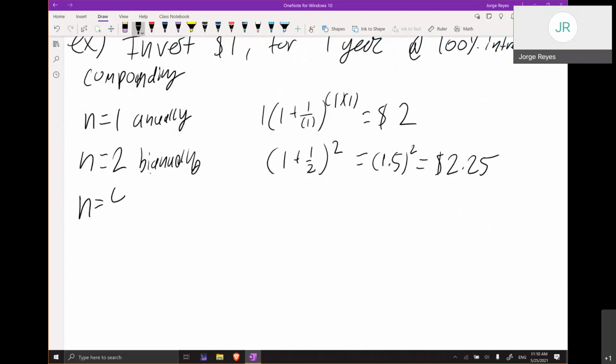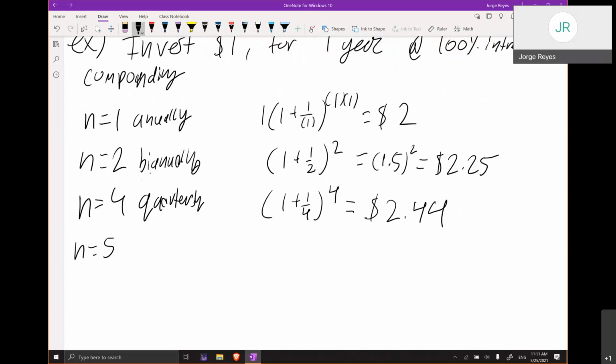Well, what happens if I compound quarterly? If I compound quarterly, I get this thing, which gets me approximately $2.44. So let's kick it up a notch. Let's compound weekly. Right now it's getting a little big, right? 52.